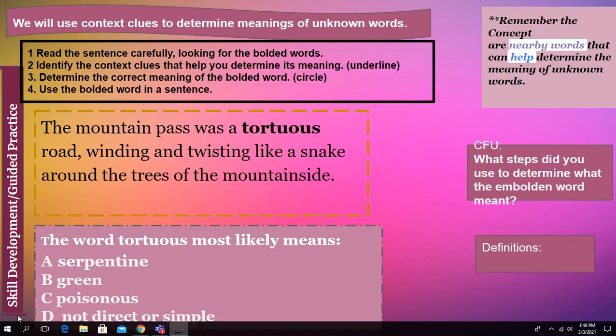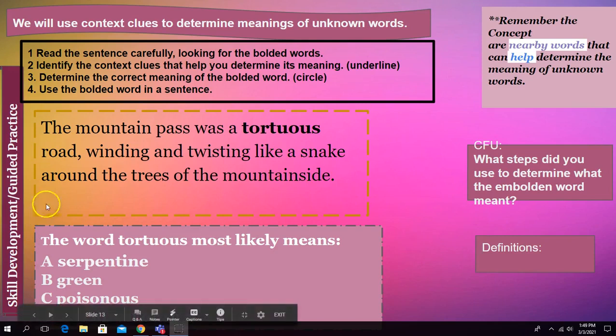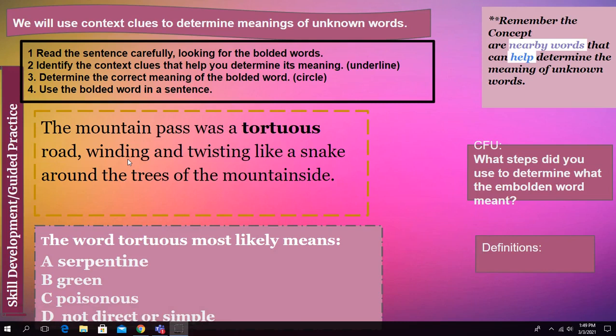Now, it does sound like torture, right? But going back to the different types of context clues, we also have a comma, right? And right behind the comma, we have a type of restatement, winding and twisting like a snake. That winding and twisting.